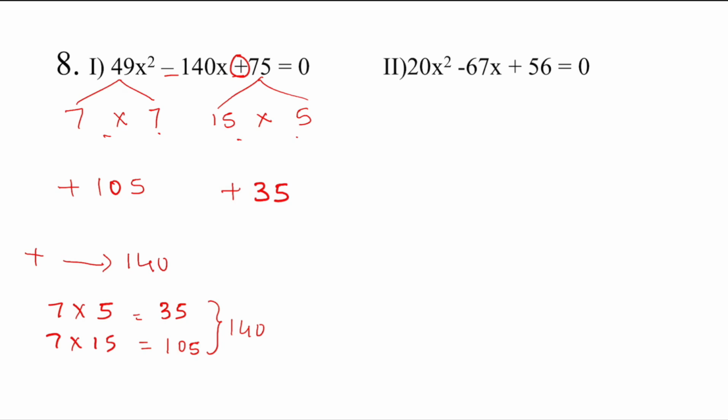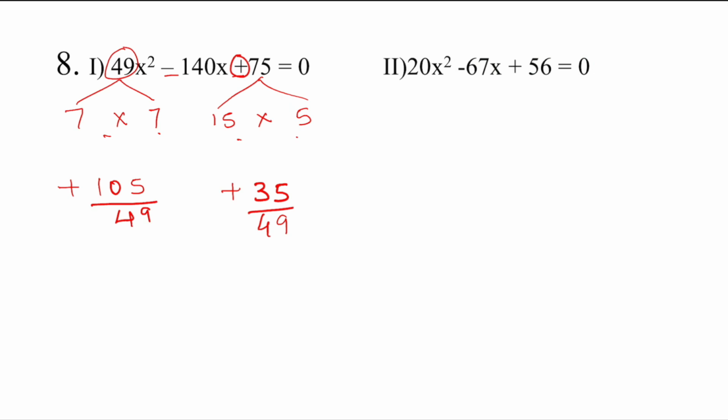But this is not final. You have to divide by 49 here, because we have 49 in the coefficient. This we can again simplify. In simplest form, 7 7s are 7 15s are, again 7 7s are 7 5s are. So this can be written as plus 15 by 7 and plus 5 by 7.